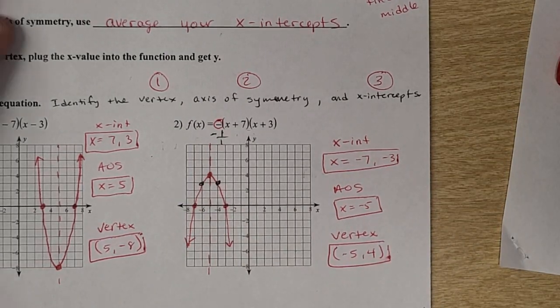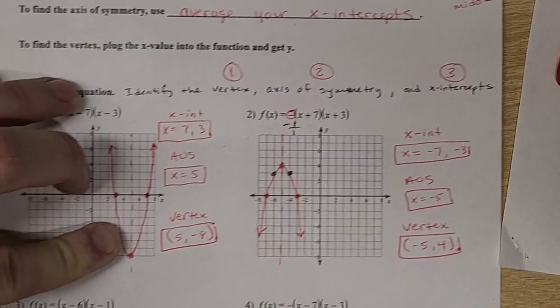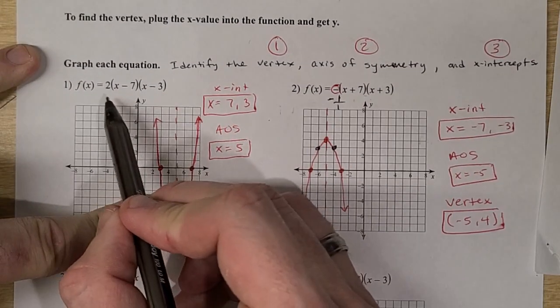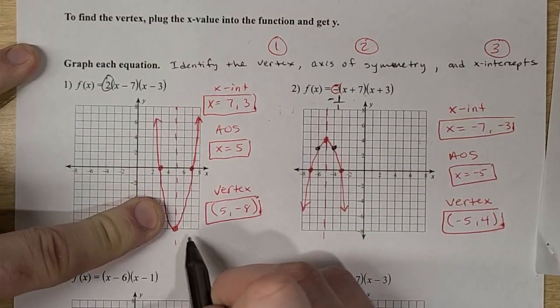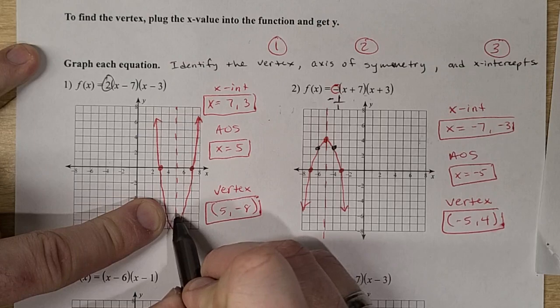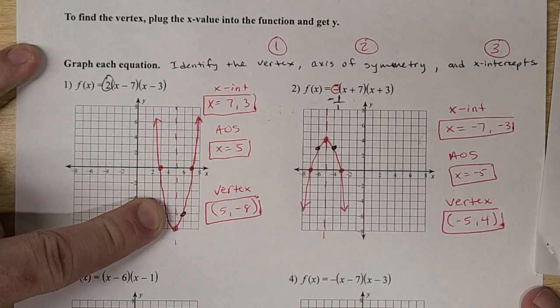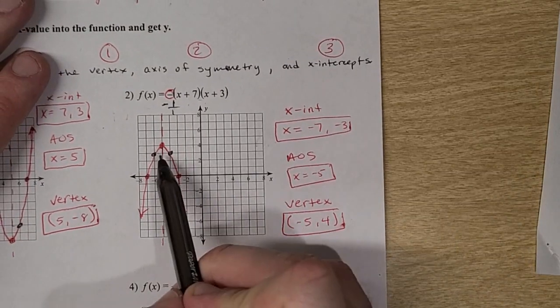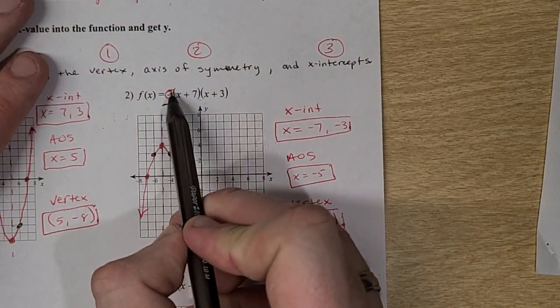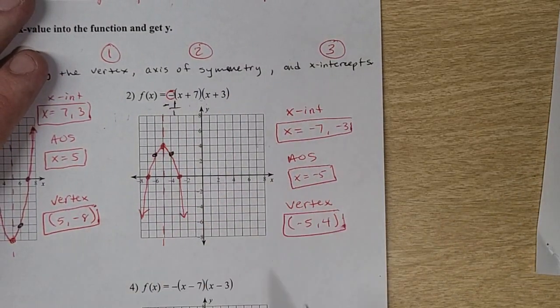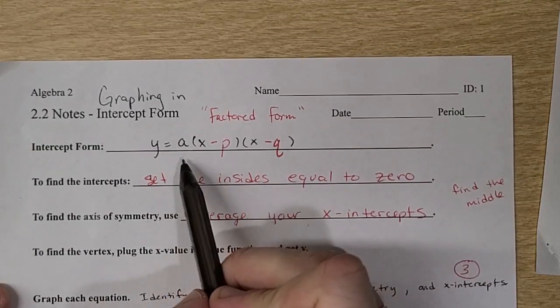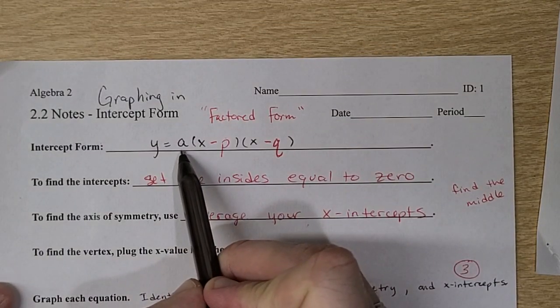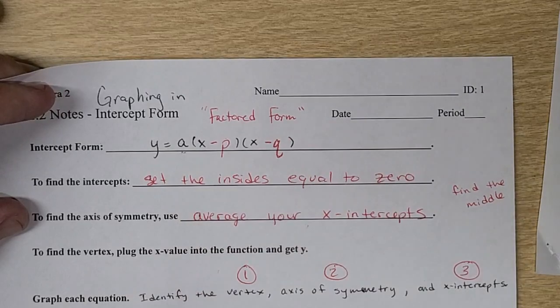If you notice, that works out. Even if I go over to number 1, the number in front is 2. So if I go from my vertex up 2 over 1, that's the slope on the right-hand side. Just to show you, that's not crazy important. I'm not even going to ask you to graph those dots, but I want you to know that the number in front is called a because it does the exact same thing as in vertex form and standard form.